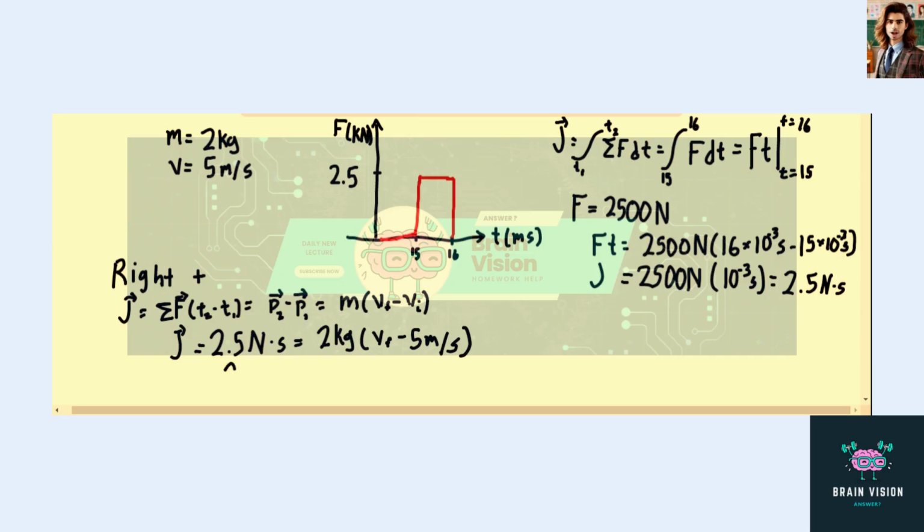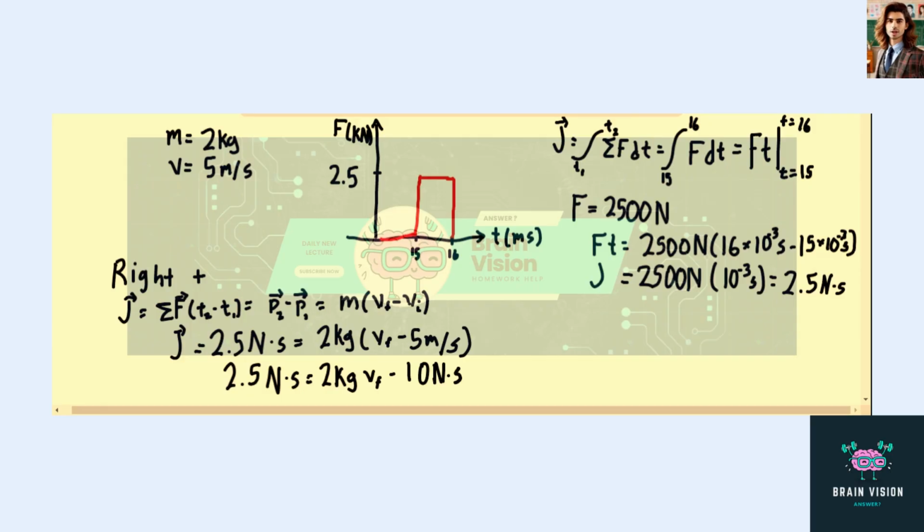We can just multiply everything through on the right-hand side of this equation to get 2 kilograms times v sub f minus 10 newton seconds, the value of 2 kilograms times 5 meters per second.